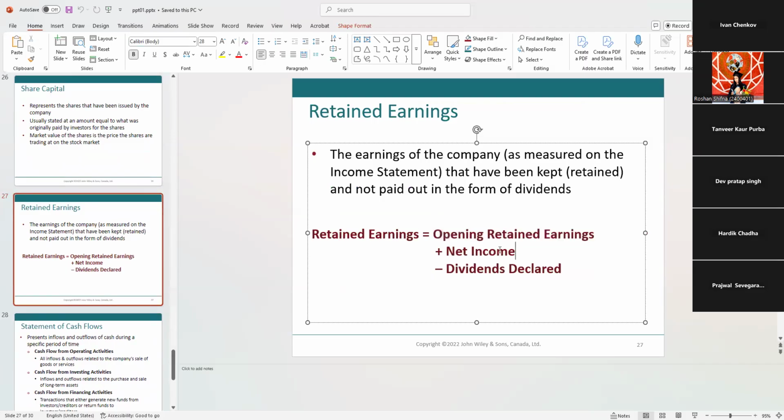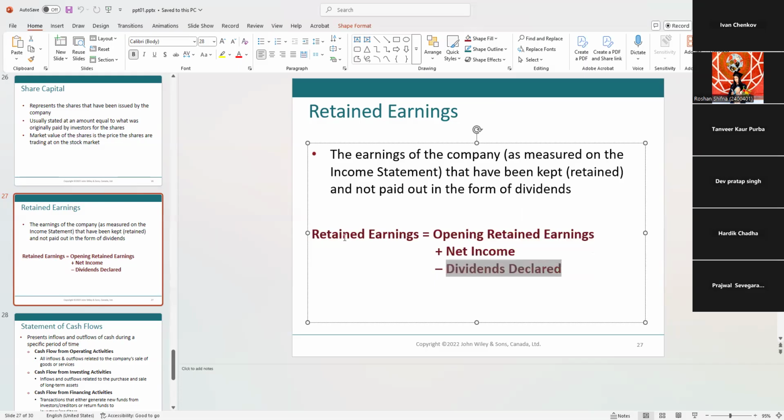We're gonna add the income and we're gonna deduct the dividend. So income is revenue minus expenses. But in order to get the retained earnings, you need the beginning balance of the retained earnings plus the net income, which is revenue minus expenses, minus the dividend.